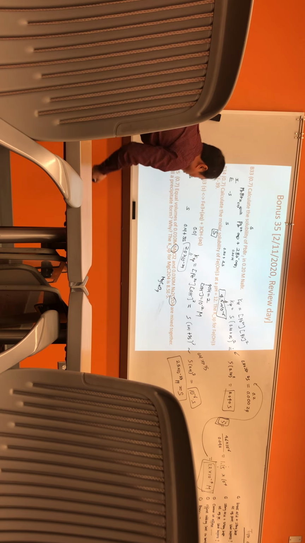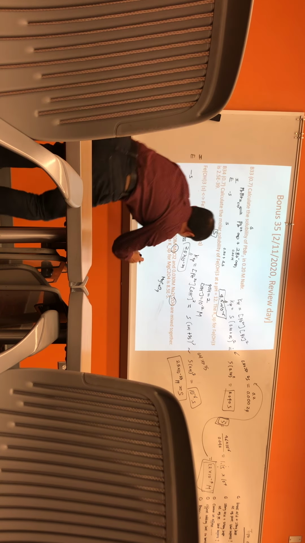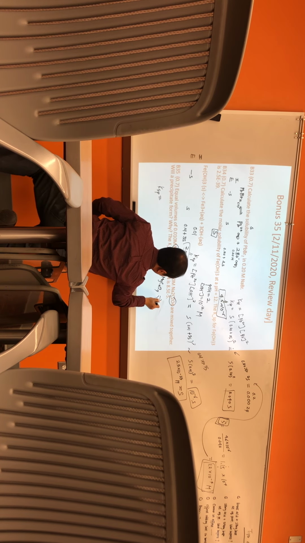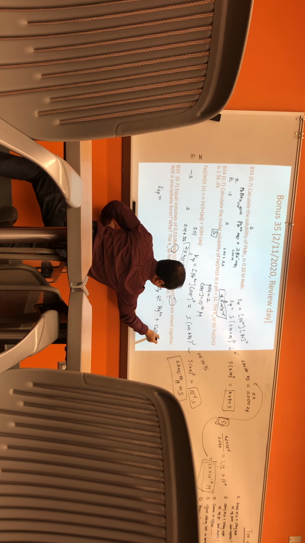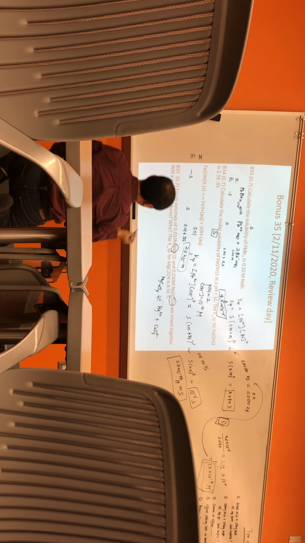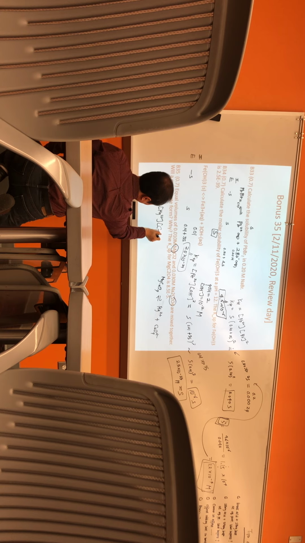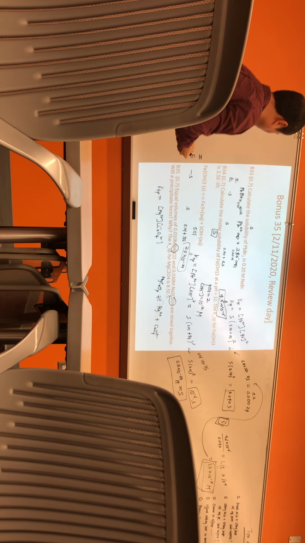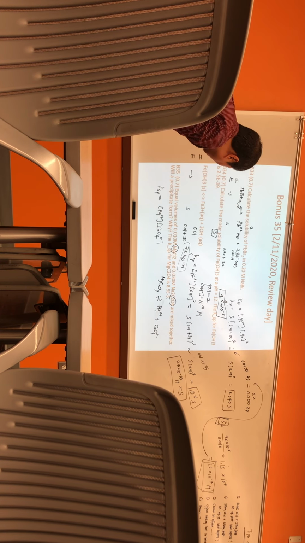Alright? So the Ksp expression for that is, because this guy dissolves as magnesium, and this Ksp is just simply that. Now the concentration, we are using equal volume.